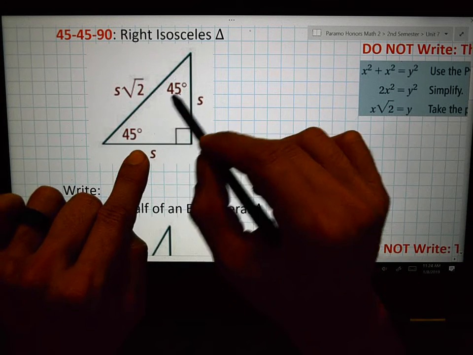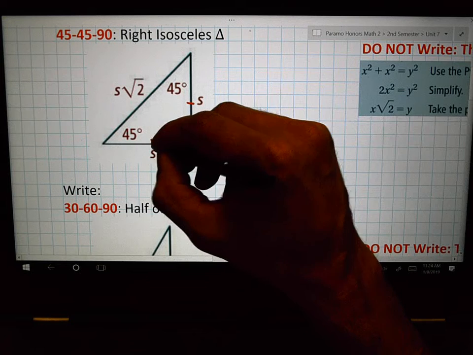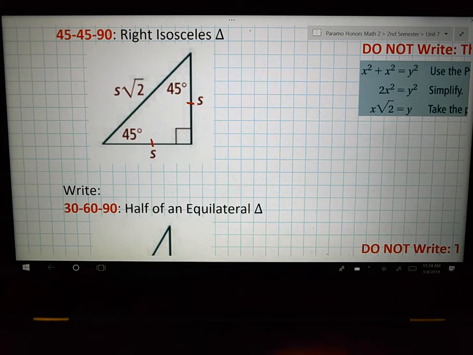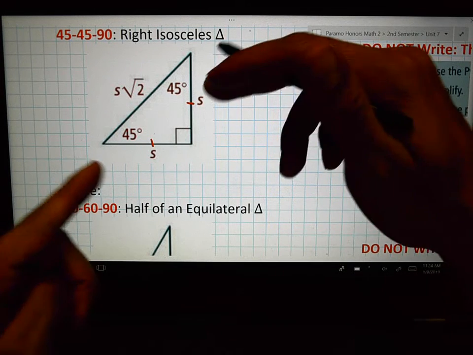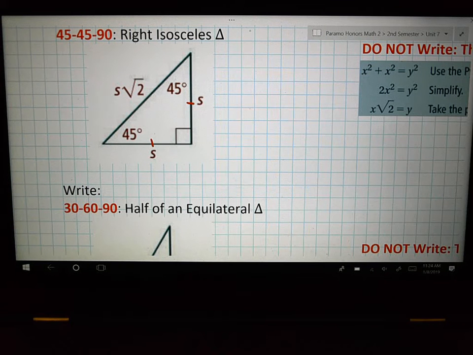Or, because these two angles are the same, they might give you that these two sides are the same to make it a right isosceles triangle. And because it's isosceles, you need to know these two angles are the same, which makes it a 45, 45, 90-degree triangle. They will try to disguise them for you, but the patterns are still going to hold true.